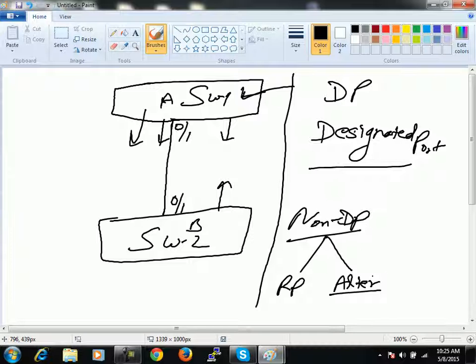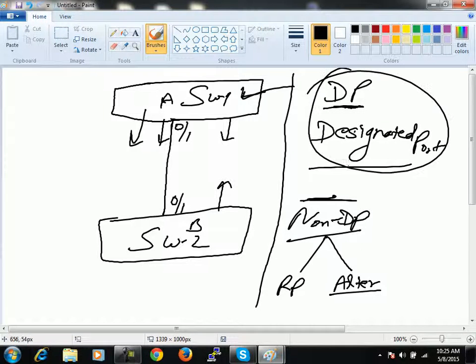So majorly we have only two classes of ports: DP and non-DP. DP will always be in forwarding state. Under non-DP, RP will always be in forwarding state, whereas the alternate port will always be in blocking state.